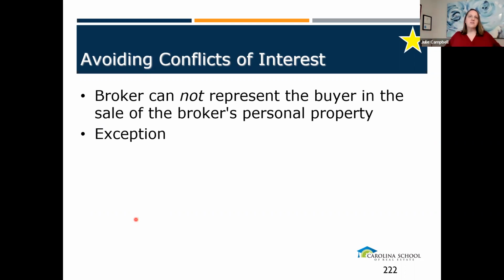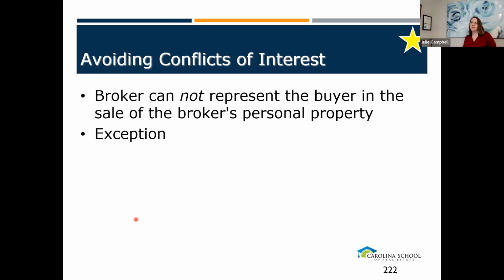Has my client's best interest. But let's face it, if my name's on the deed, whose best interest do I actually have? Mine all day long, right? Do we see the conflict of interest here? Now, somebody else in my firm could represent the buyer, but I personally can't.